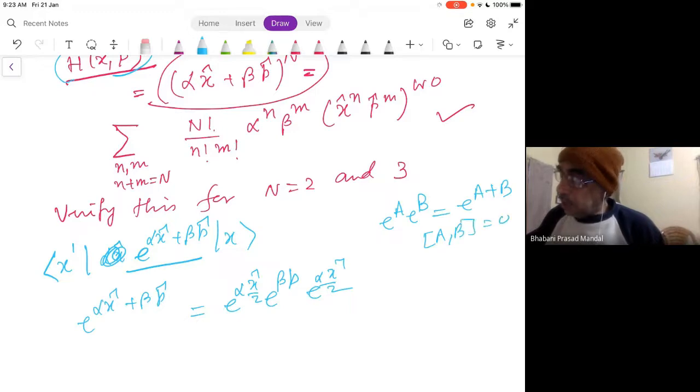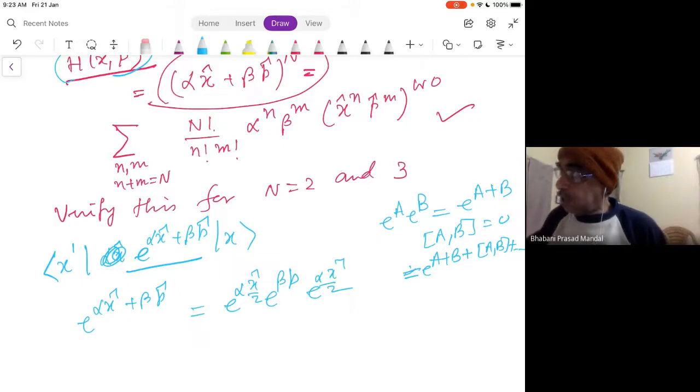But if the commutator of a b is not 0, then you need the Baker-Hausdorff formula. That formula on the right hand side is e to the power a plus b plus the commutator of a b, and there is an infinite series depending on that.